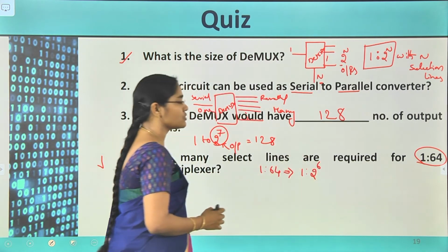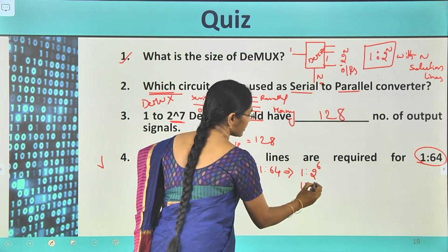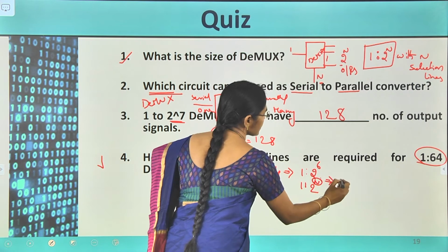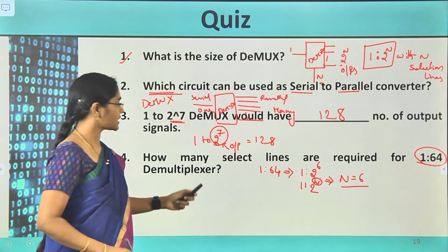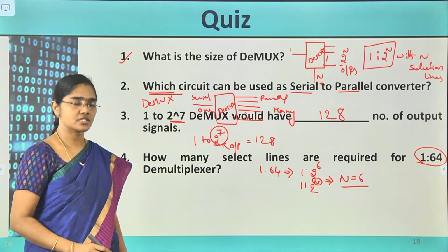So 1:2 power 6. That is 1:2 power n, where n is the selection signals. So n is 6. The number of select lines required for a 1:64 demultiplexer is 6.